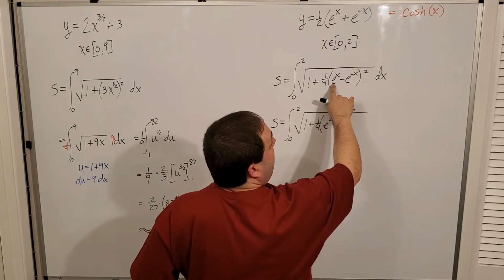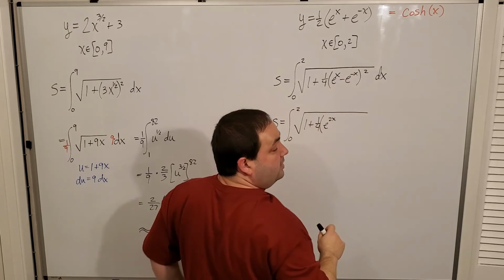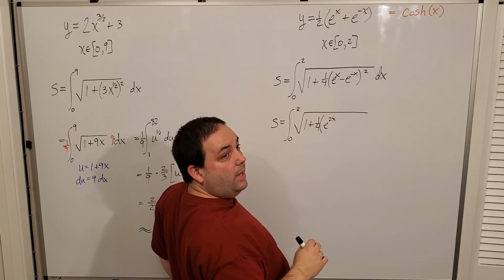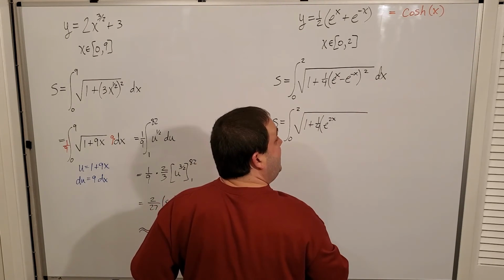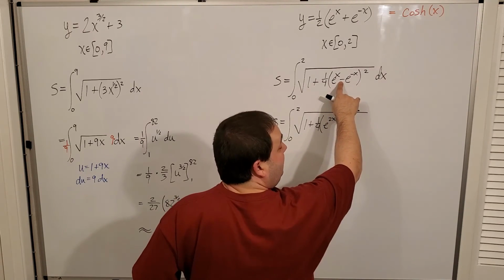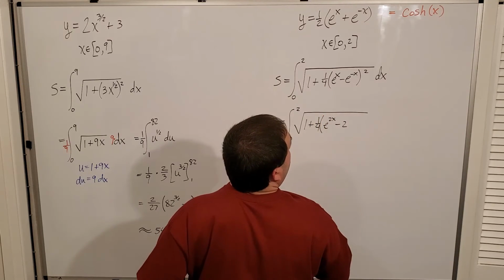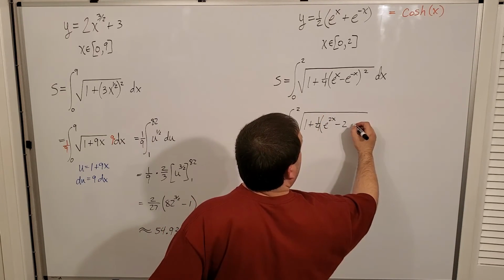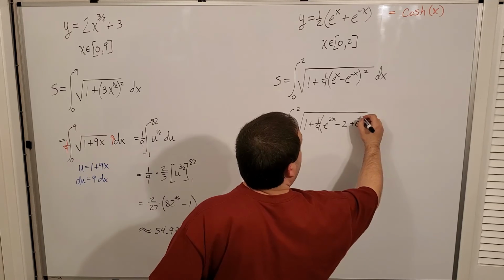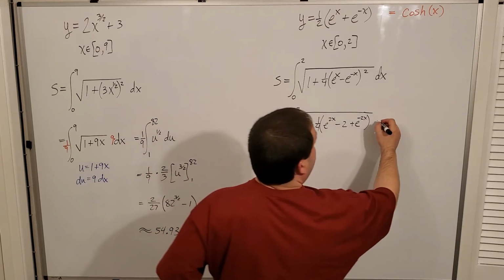I want you to realize that when I multiply these two, the exponents add because they're the same base. So I'm essentially getting e to the 0, which is 1, or in this case negative 1, but I'm getting it twice. So negative 2. And then I'm also going to get plus e to the negative 2x dx.